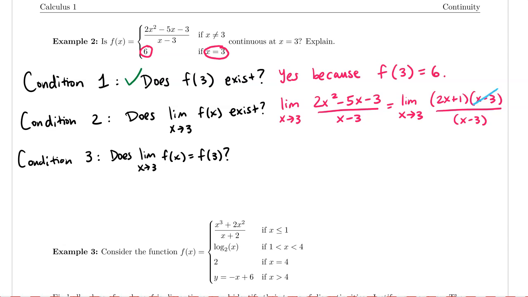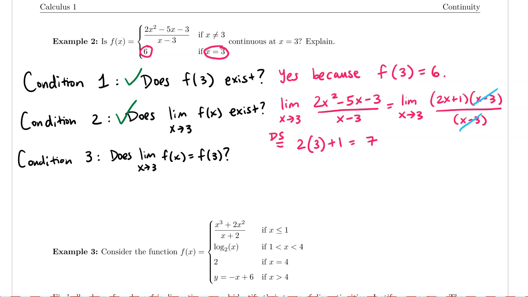Then we can cancel out the common factor in the numerator and the denominator, and from here I can use direct substitution and say that we get 2 times 3 plus 1, which is equal to 7. So does the limit exist? Yes, it does.